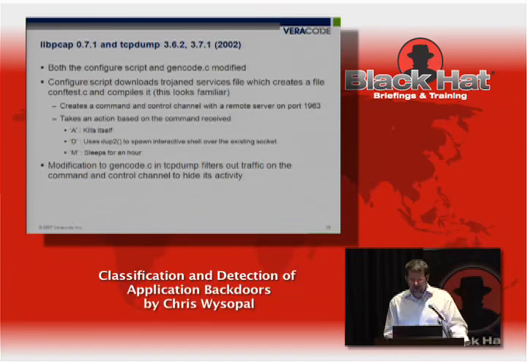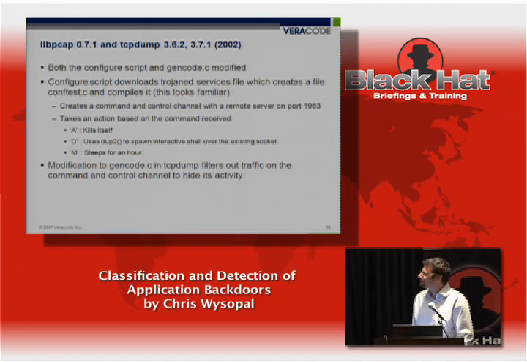A few months later, a very similar vulnerability showed up in libpcap and tcpdump, which looked pretty much the same, except it did it on port 1963.